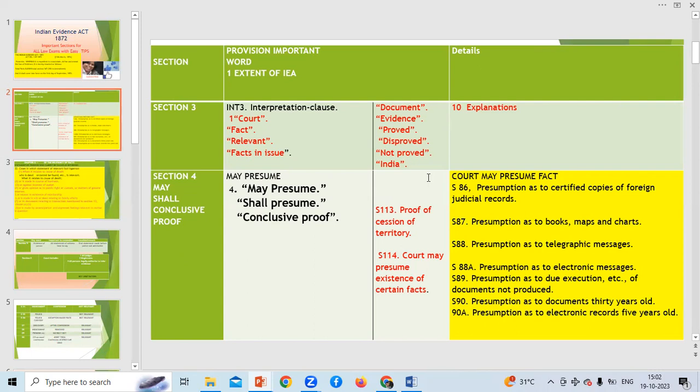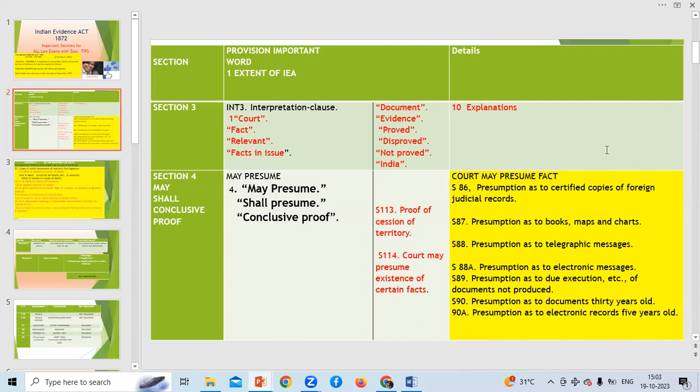As the title says, presumption as to certified copies of a foreign judicial record. Court may presume. तो may presume वाले section कौन कौन से है? Section 86, 87, 88, section 88A, section 89, section 90, 90A, section 113, section 114. So these are all the sections where court may presume a fact.